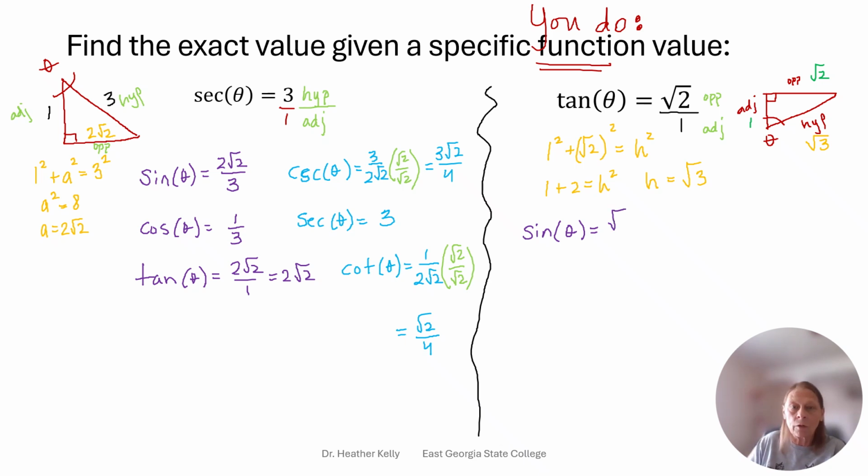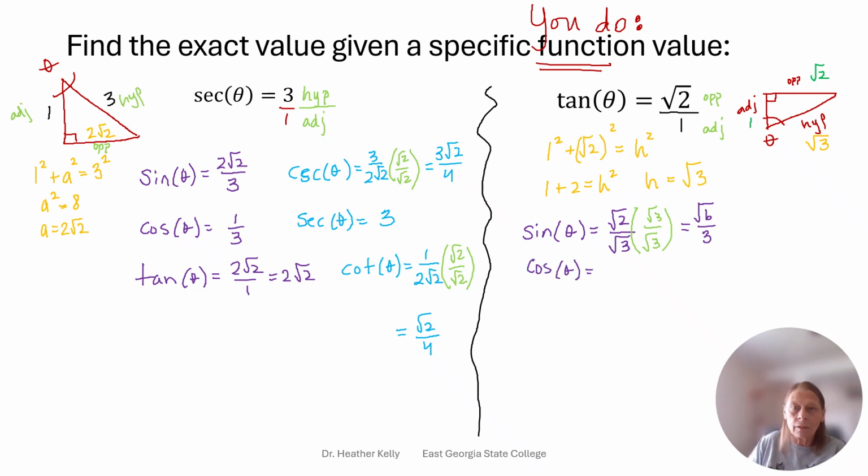So that's the square root of 2 over the square root of 3. Now we need to clean that guy up. It's okay if there's radicals on top, just not on the bottom. So this will give us the square root of 6 over 3. That does not simplify.